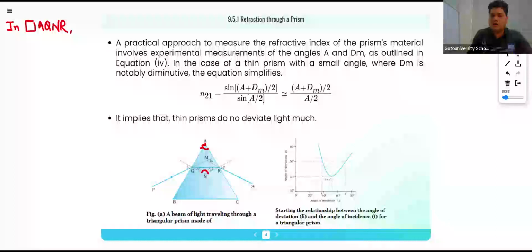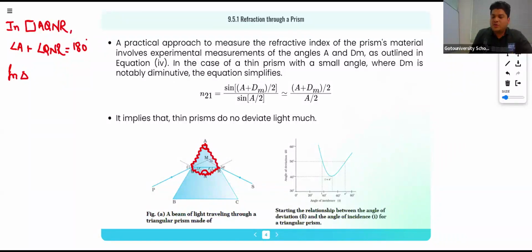See, this is your quadrilateral, I'm drawing here. So you will write angle A plus angle QNR will be equal to 180 degree.